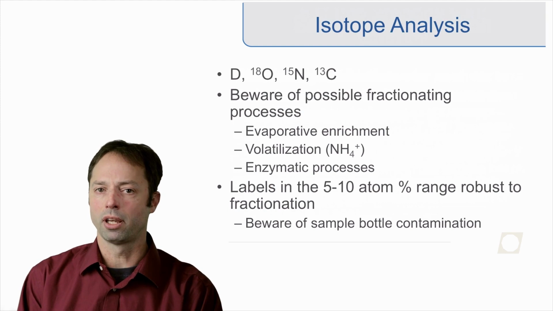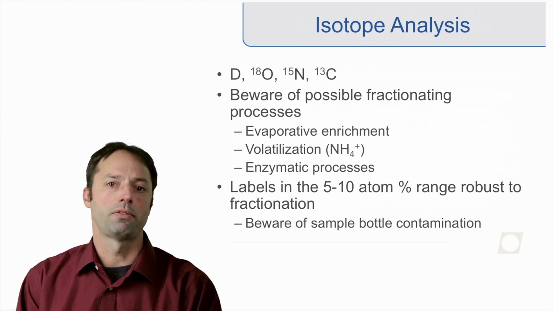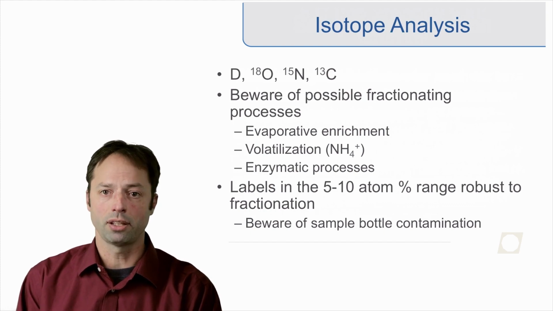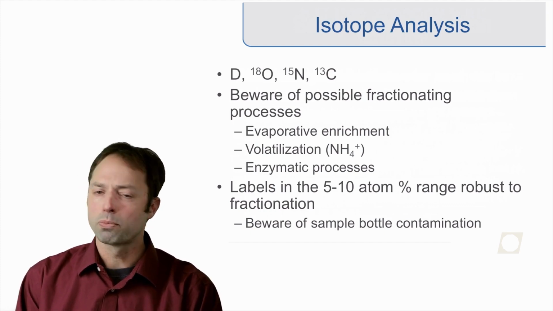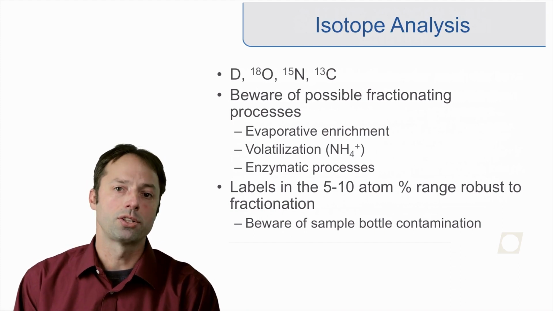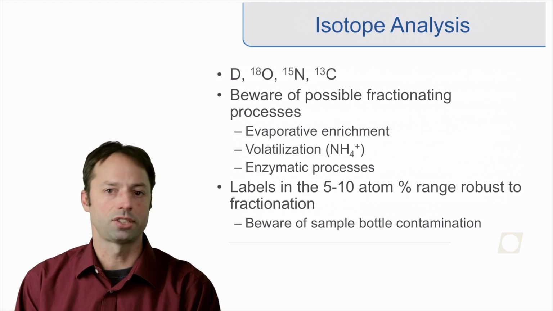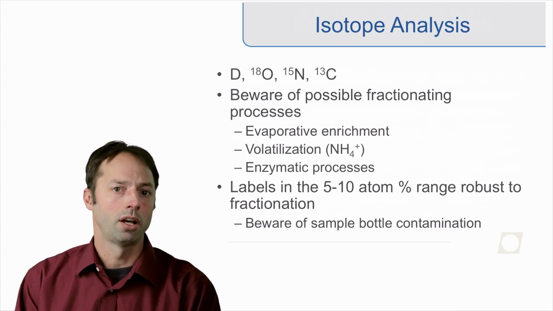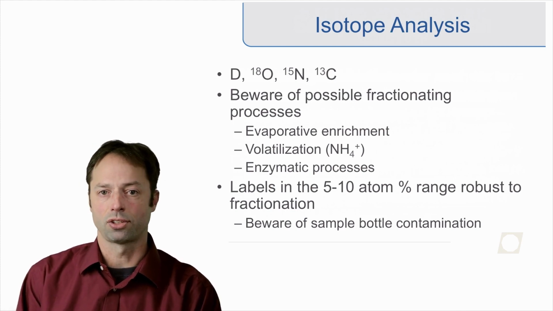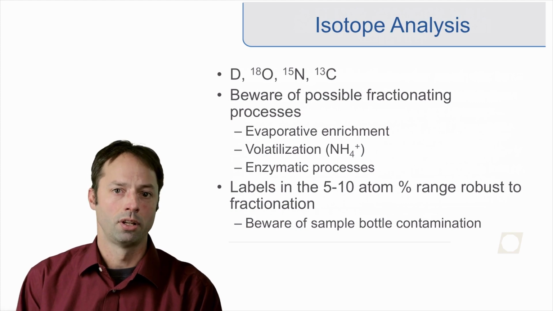For deuterium and oxygen 18, evaporative enrichment is an important consideration. If you have a discontinuous sampling method, your headspace is closed, you probably don't have to worry about this very much. The ratio of 18O to 16O isn't going to change very much because you're not losing any oxygen or hydrogen.